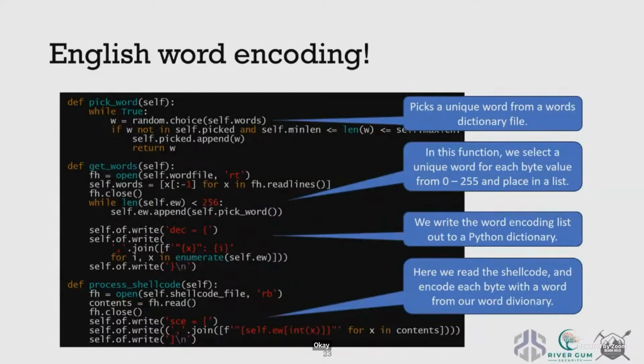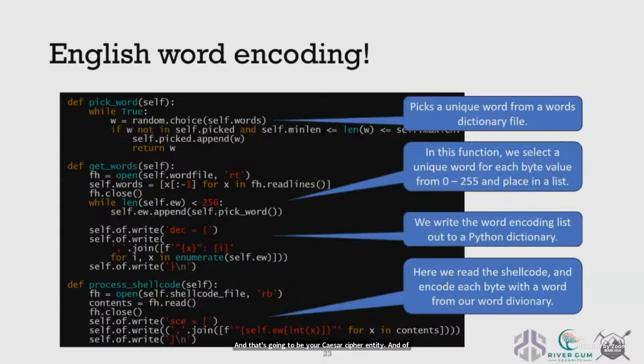For English word encoding, it's a little bit more fun. For English word encoding, you want to write some code that goes ahead and just reads in an English dictionary and picks random words from the English dictionary until it's got 255 total words. And that's going to be your Caesar cipher entity.